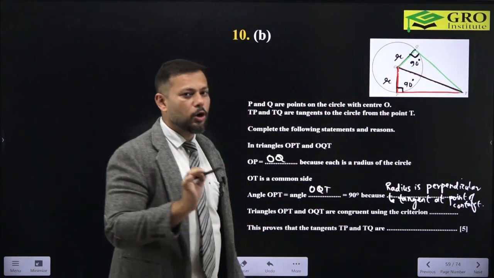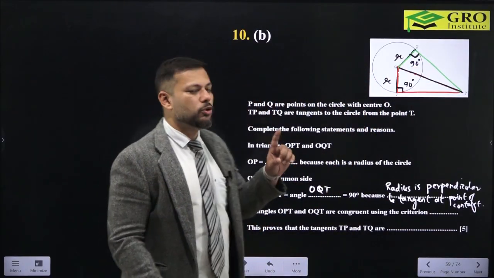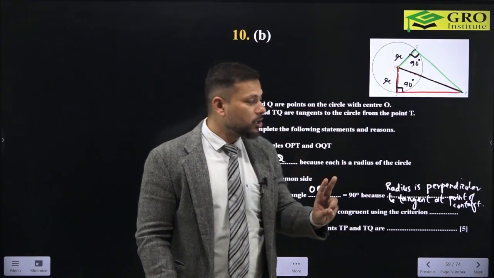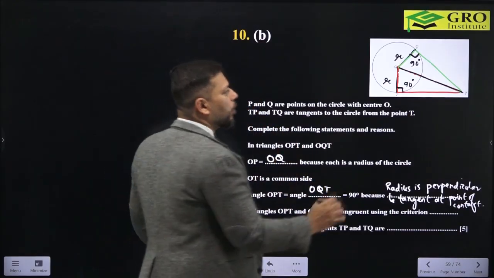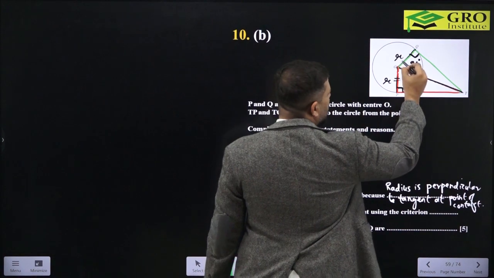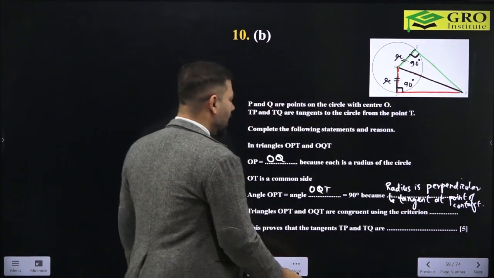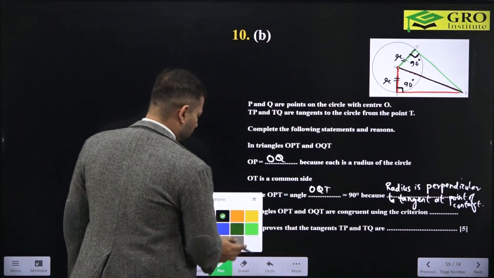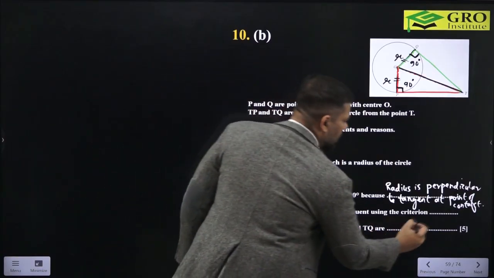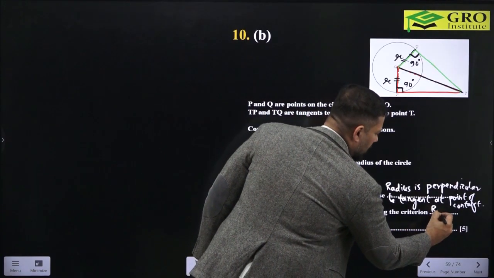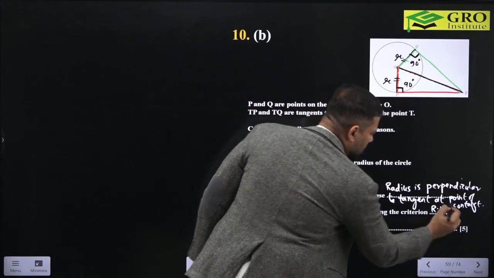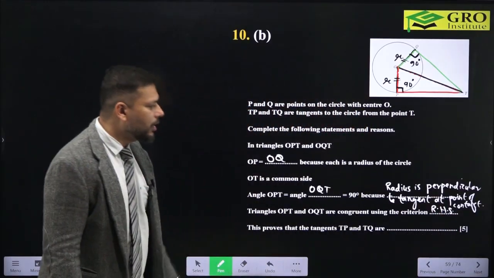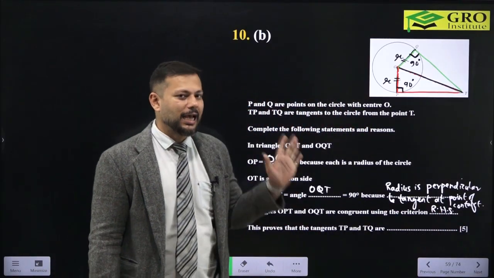So OT being the common hypotenuse, we have used right angle and hypotenuse, and we have then used one more side, that is this one. So what criteria have we used, guys? Yes, you have figured it out correctly. The criteria used over here is RHS, that is right angle, hypotenuse, side.